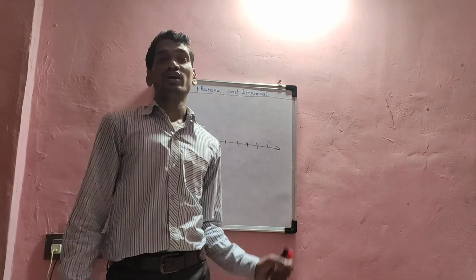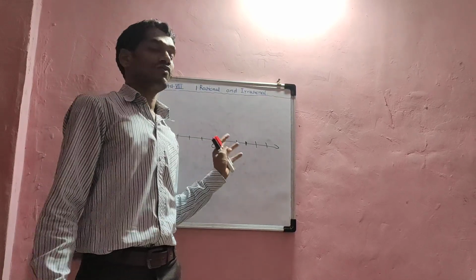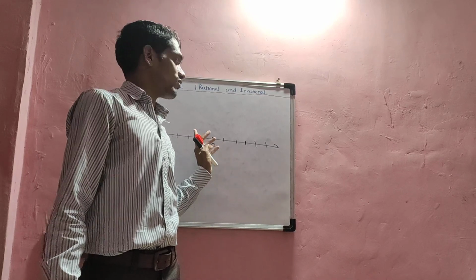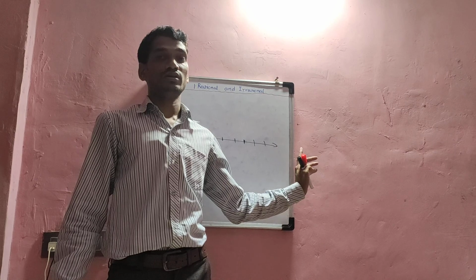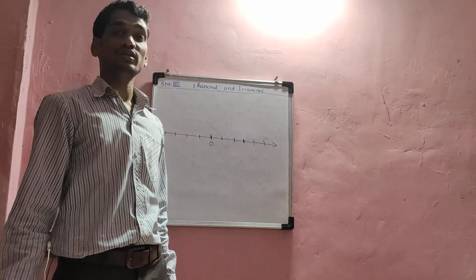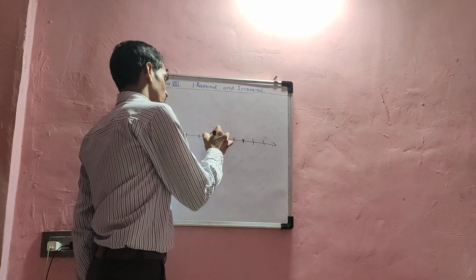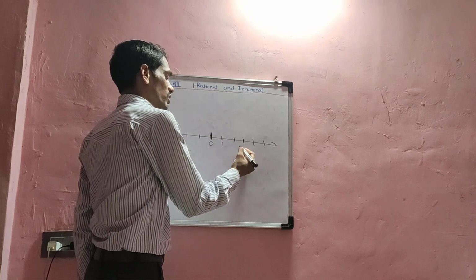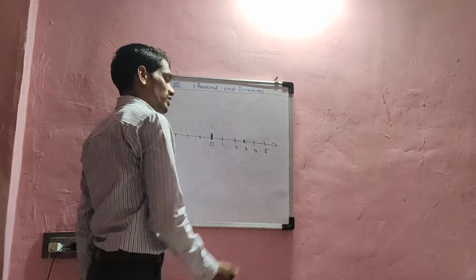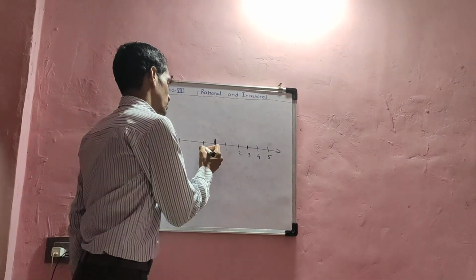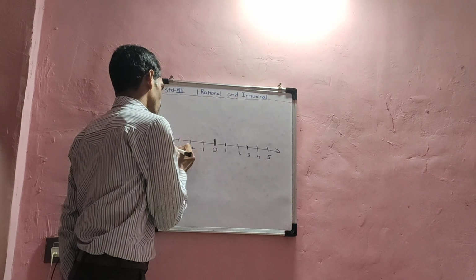From that point, the left side is considered negative numbers. From that 0, the right side of the line is considered positive. Clear? Here is 0, so here is 1, 2, 3, 4 on the right side, and minus 1, minus 2, minus 3, minus 4 on the left side.